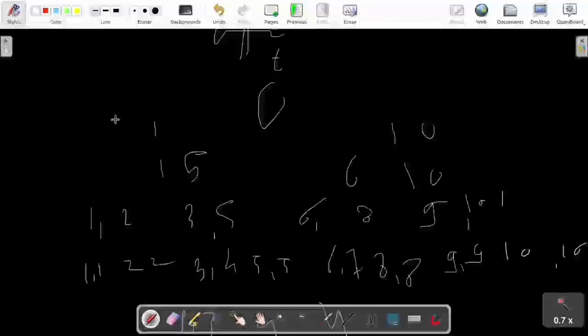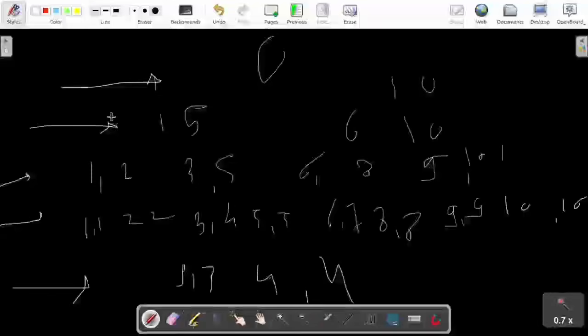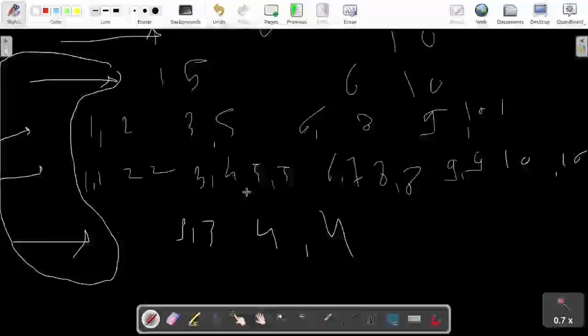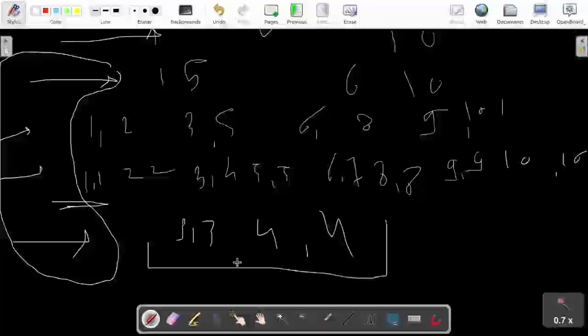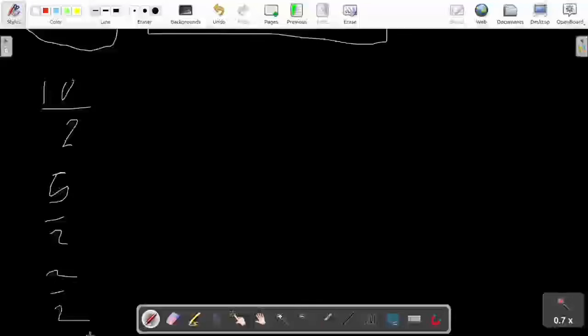Now, how many levels were required? We had 1 comma 10, then these two, and so on. In total, we divide these ranges 4 times. Technically, most of the ranges ended at the third time, but for some we need to divide them 4 times. Similarly for 10, as I explained, you divide by 2 and get 5, divide by 2 and get 2, divide by 2 and get 1. You divide it 3 times.